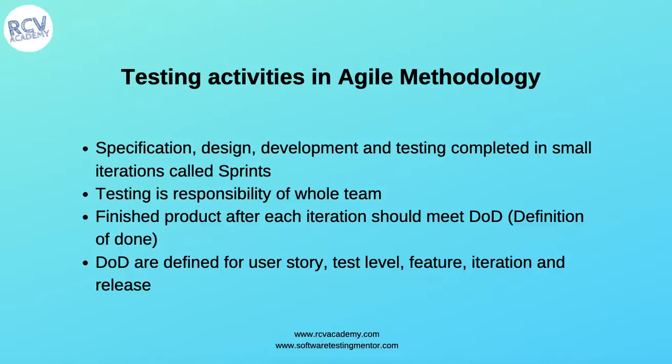Because in Agile, testing is the responsibility of the whole team, everyone, including business analysts, developers, solution architects and testers, must make sure they understand the story correctly and know what the end result is supposed to be. So quality is everyone's responsibility in Agile.